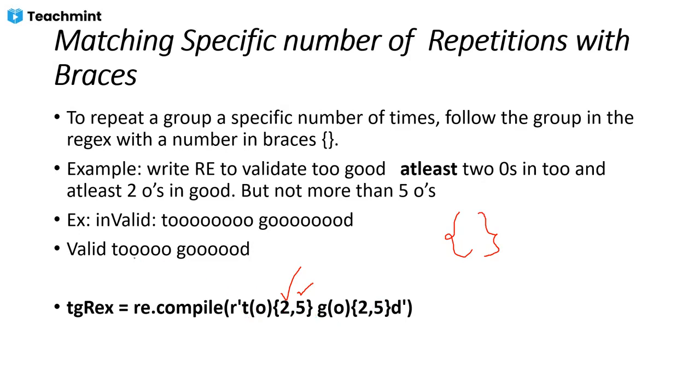So in this example, check T is valid, O 2 to 5 occurrences: 1, 2, 3, 4, 5. But this is invalid. Why? Because we have got more than 5 occurrences. Here also more than 5 occurrences.